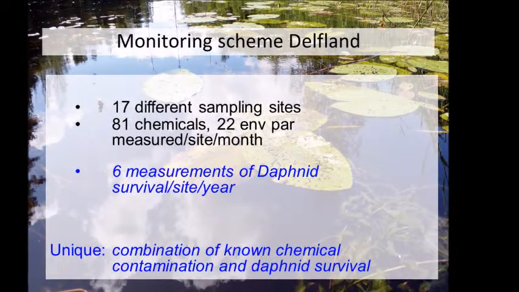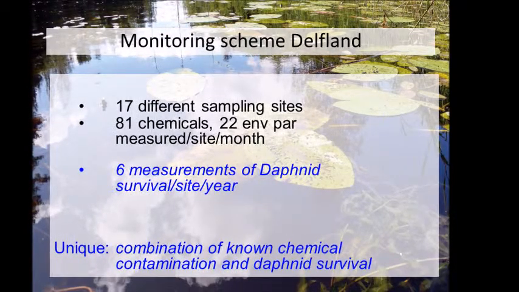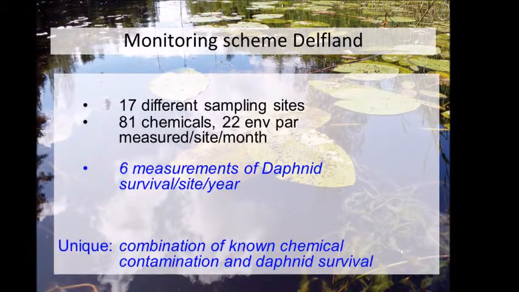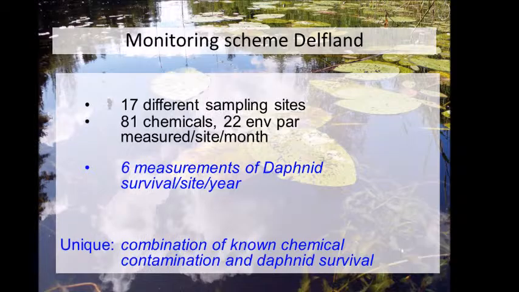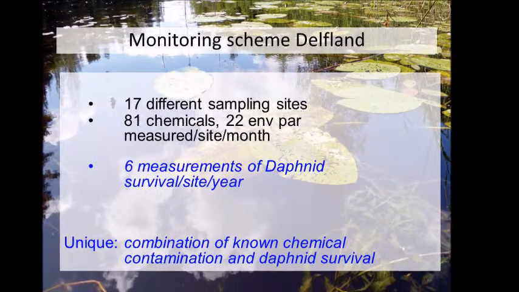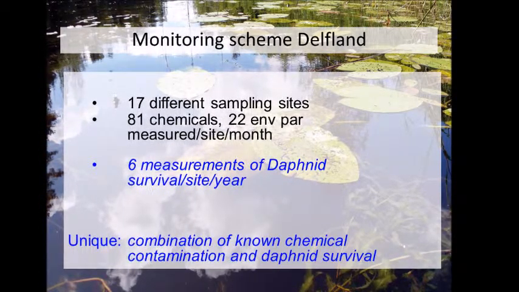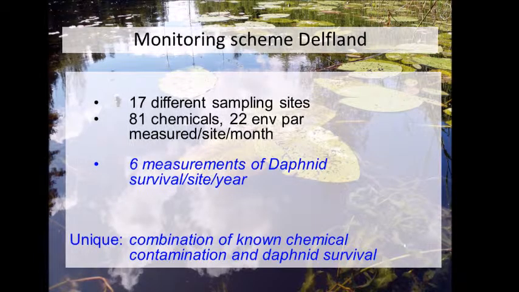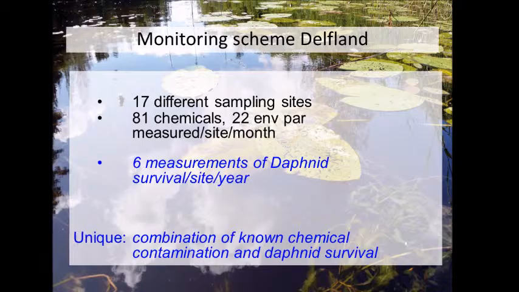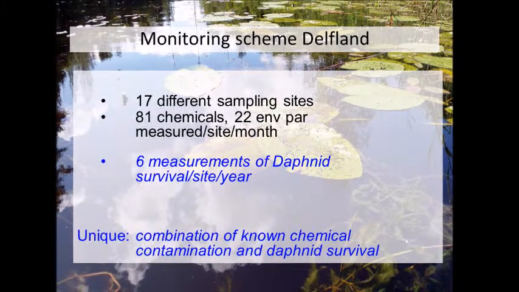So next to the real chemical measurements, comprising something like 35 different pesticides, 10 heavy metals, 10 PAHs, a number of PCBs, nutrients and salts, so basically the whole periodic system of pollution can be found there, typically in rather high concentrations, they added 6 measurements of daphnids per year per site.